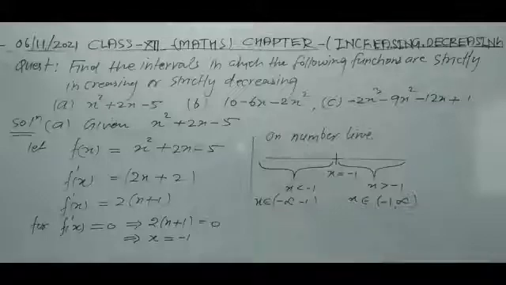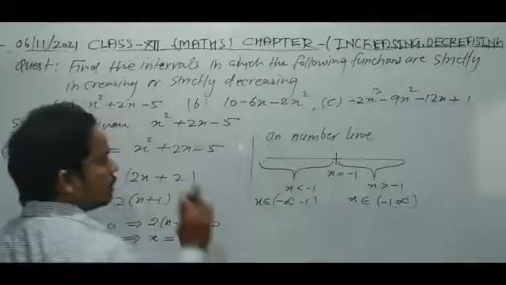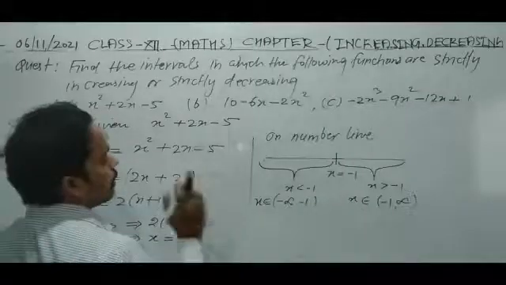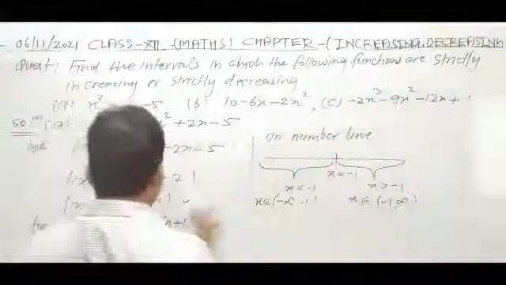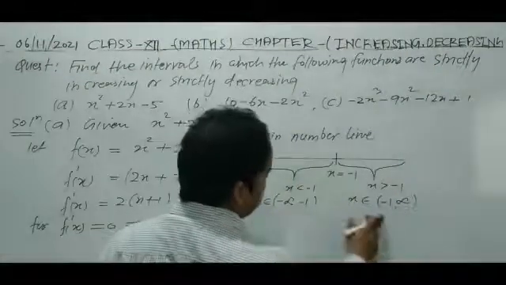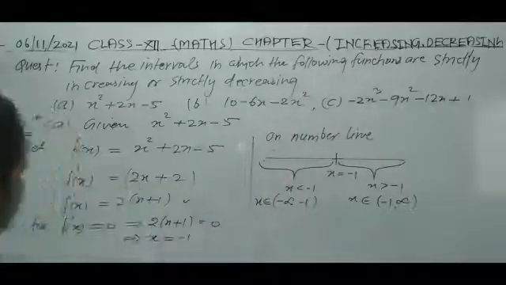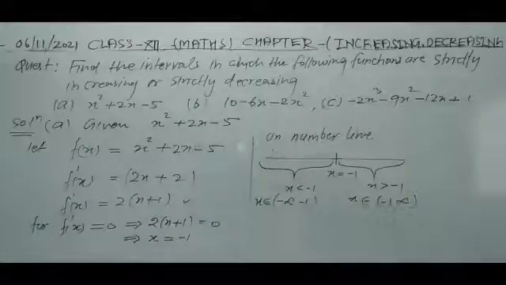So in which interval is this function increasing? How will you find out? This is the f dash x. When f dash x is greater than 0, the function is increasing. Suppose you take a number from minus 1 to infinity, when you take x is equal to 0, you will get 2. So in this interval f dash x is greater than 0.